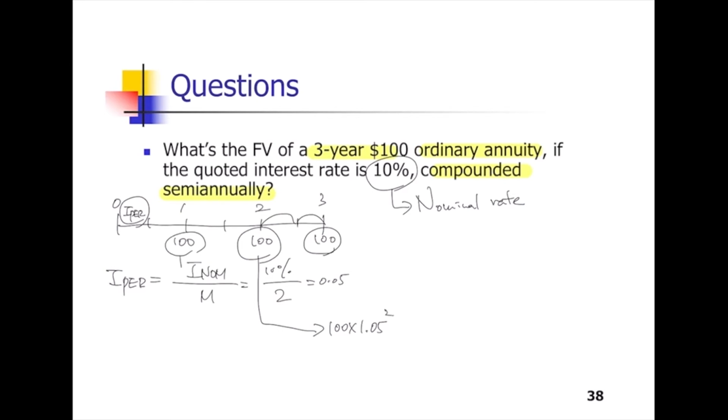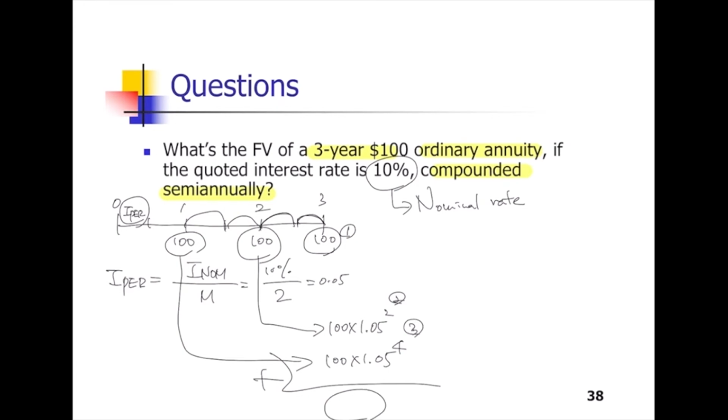And this money, 100 multiplied by 1.05, how many times compound? 1, 2, 3, 4. And then the sum of these 3 terms, you can get the number. That is the future value of this ordinary annuity. As I mentioned before, when you have a problem, you can draw a timeline and calculate the period rate first. That is a simple way to understand these kinds of questions.